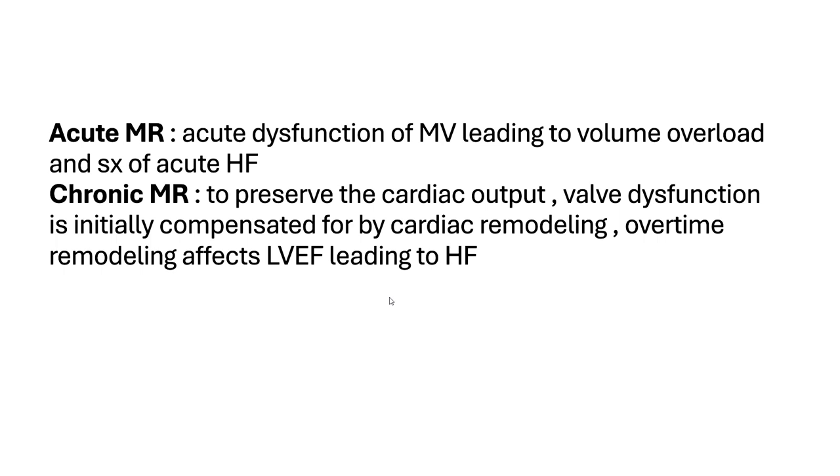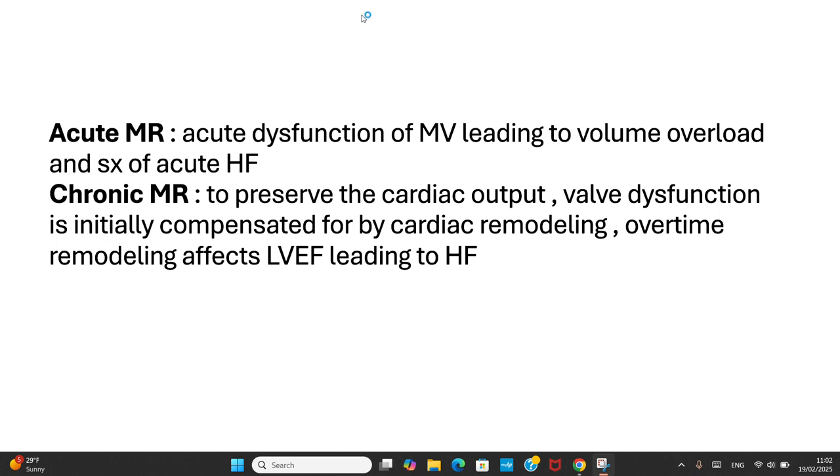So acute mitral regurgitation means that when the mitral valve has this acute dysfunction, it leads to a volume overload and symptoms of acute heart failure because the heart will not have time to compensate as in chronic mitral regurgitation.